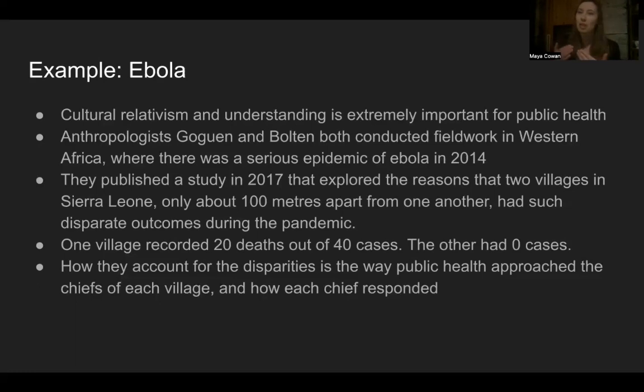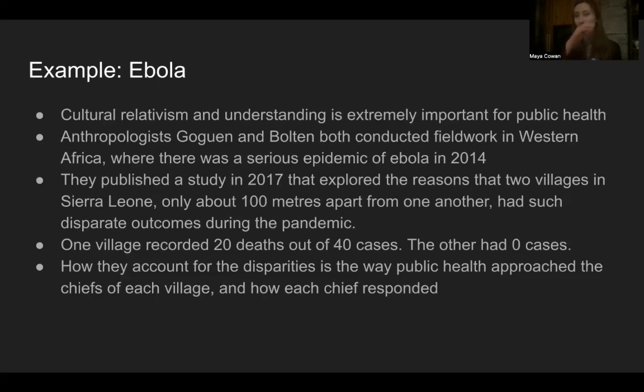Because they were coming to him on his own terms, rather than trying to impose this whole idea of, well, we don't really know any other way to explain it besides germ theory, but they don't have germ theory. So rather than trying to explain what they do have and asking about that and trying to understand how they do understand disease, they just told them that maggots caused Ebola and it was a disaster.